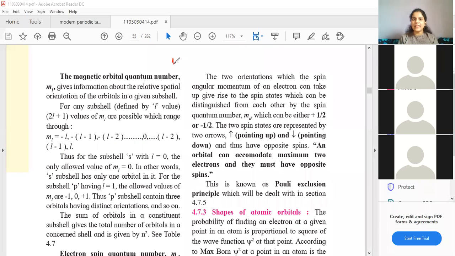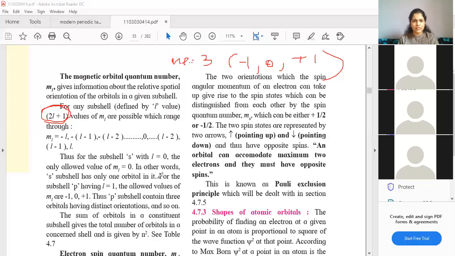For example, if I get ML as 3, I mean after solving, after putting it in 2L plus 1, then ML is actually a range of 3 values, which goes from -1, 0 to +1. I hope you are understanding this.